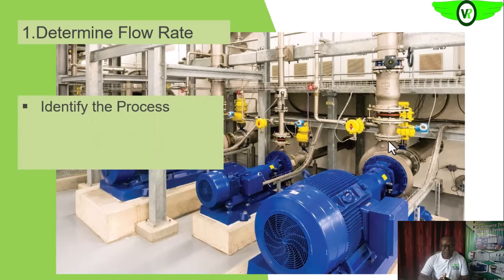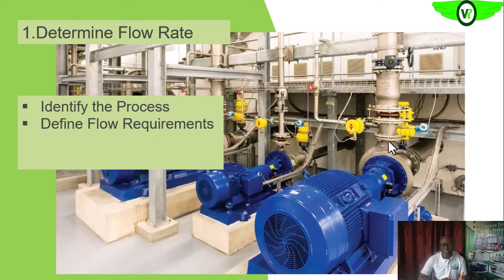Now in determining the flow rate, you identify first the process. Once you have identified the process, that is where you need that particular liquid and from where you want to transfer that liquid to your process. Then second, you define the flow requirement.